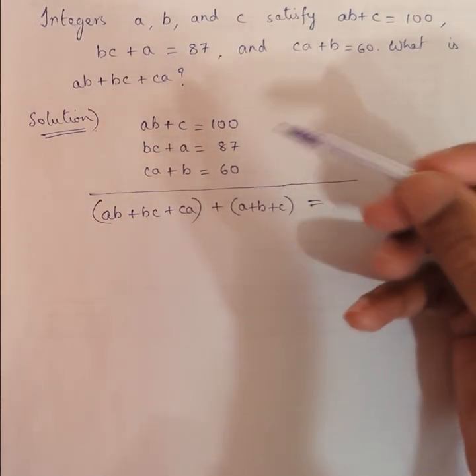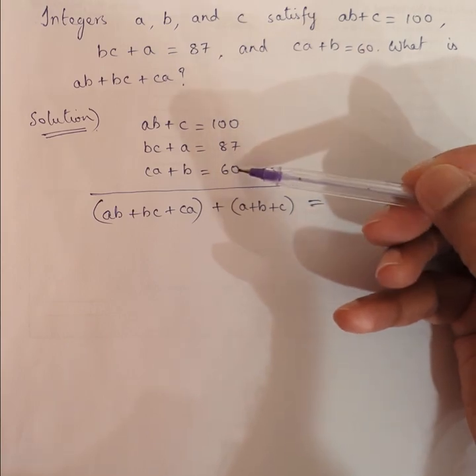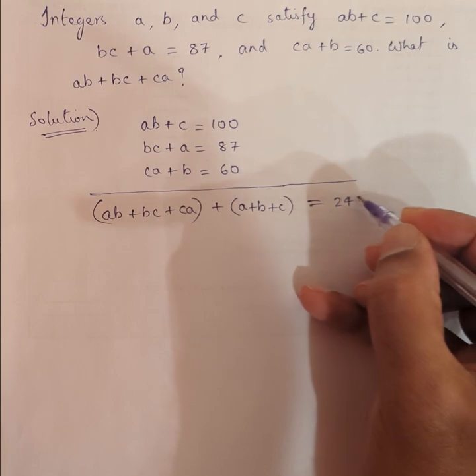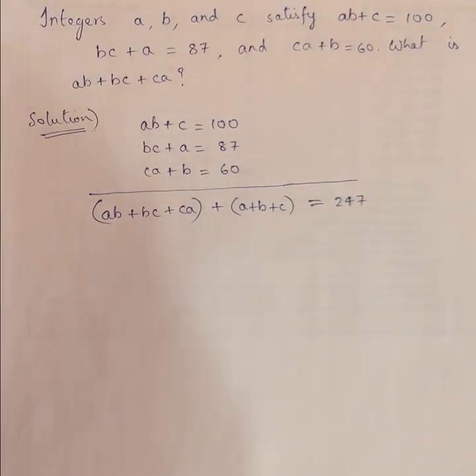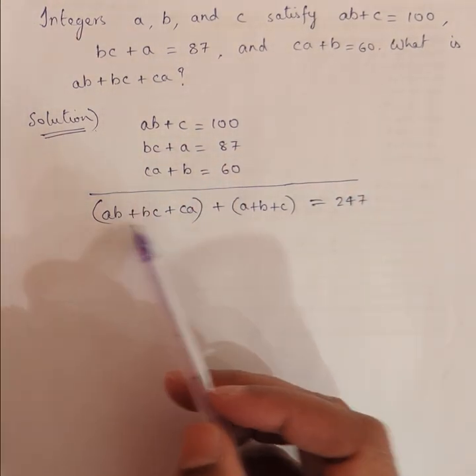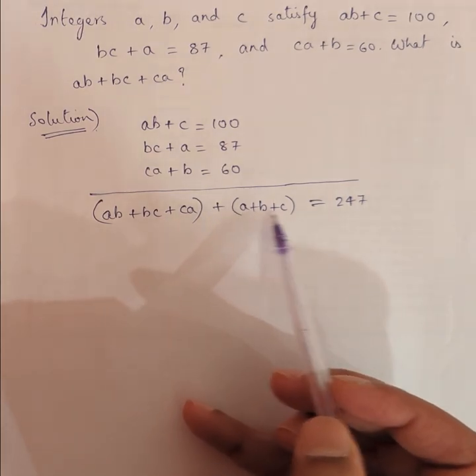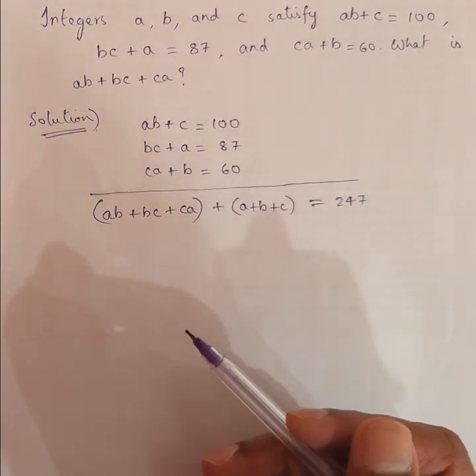And the right side is simply 100 plus 60, 160, plus 87 is 247. All right, so I have to find this one. Now, if there is a way to find a plus b plus c, I'm done.